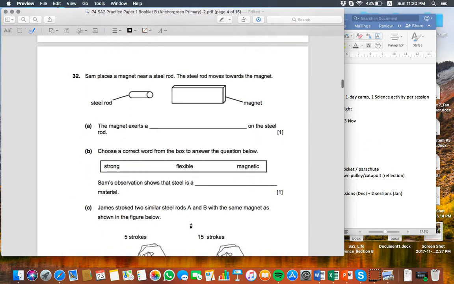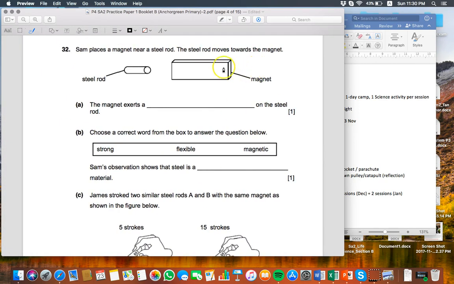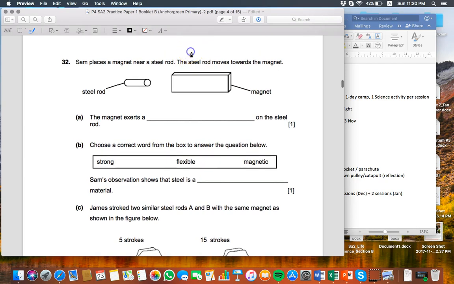Sam places a magnet near a steel rod. The steel rod moves towards the magnet. Highlight the word steel. What is steel? Steel is a magnetic material.